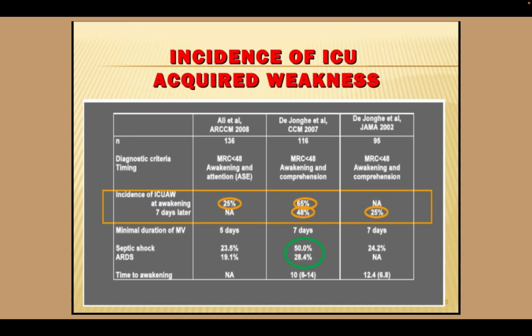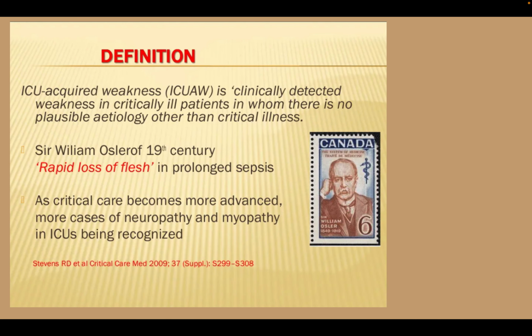Overall, if you see the incidence of ICU acquired weakness, you have papers from ARJCCM, Critical Care Medicine, and JAMA. You could see that it can range from about 25% to about 65% within about 7 days, which is the average duration. The lowest is 25 and the highest is about 65%.